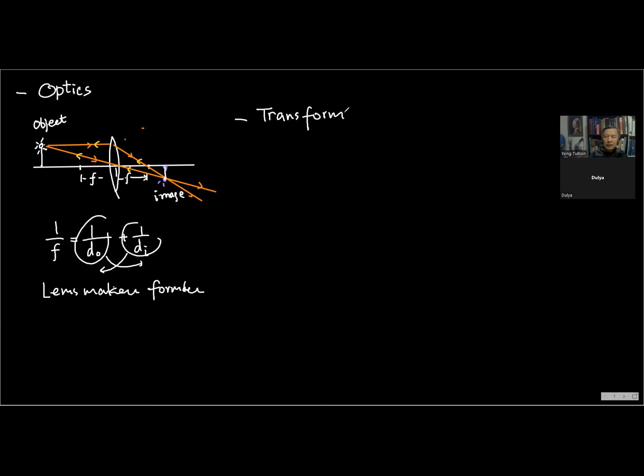A transformer is very useful in industry, and it can be used to change the voltage or current. If I just redraw that diagram, this is a cross section of that core, this metal core. It could be an iron core here. So this is the iron core.